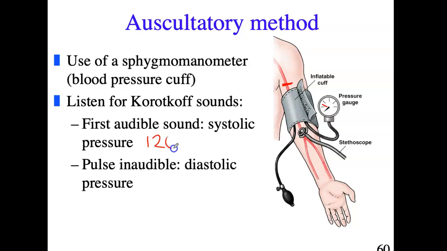Let's say that it's 120. And then you're going to keep releasing it to less pressure and less pressure and less pressure until you have no turbulence at all. The flow is occurring freely and you haven't constricted that artery at all for any of the two pressures, and then it's going to be silent. So let's say that that's the one that's 80, and you have your 120 over 80.